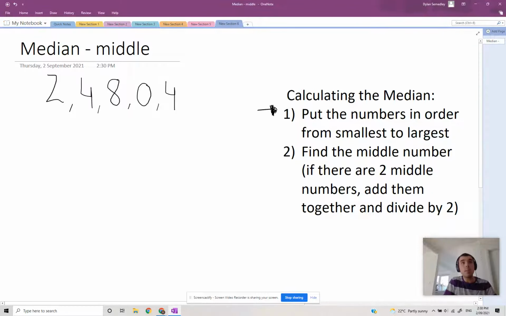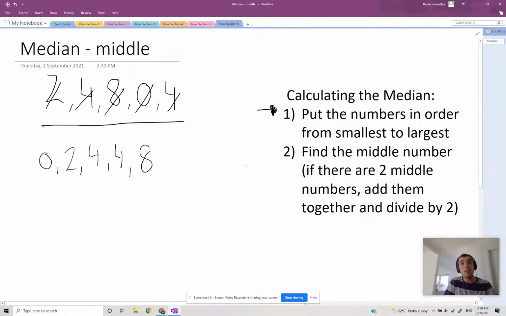So we get these numbers here, and we go, okay, the smallest one is 0. Let's cross that out. Then it's 2. Then we've got a couple of 4s. Cross those out, and then we finish with 8. And now that we've got them in order, we can go on to finding the middle number.